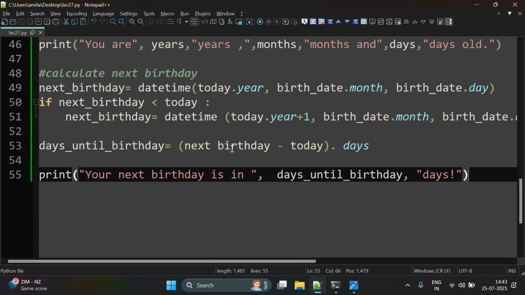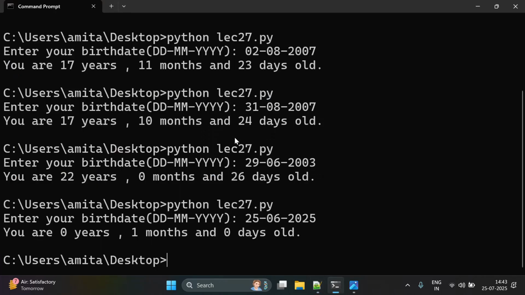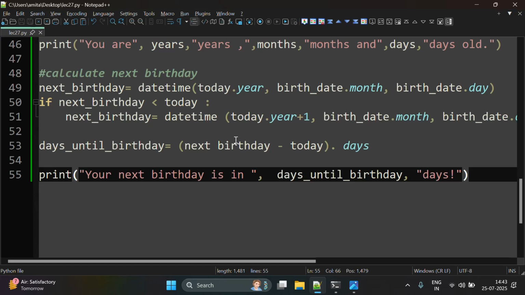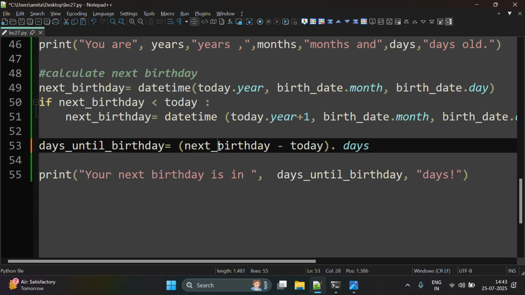And then we have calculated the days left for the next birthday by subtracting today's date from the next birthday, and then we have printed that. So let us see. And there is some problem with the syntax. So the problem is here, it should be underscore next birthday.